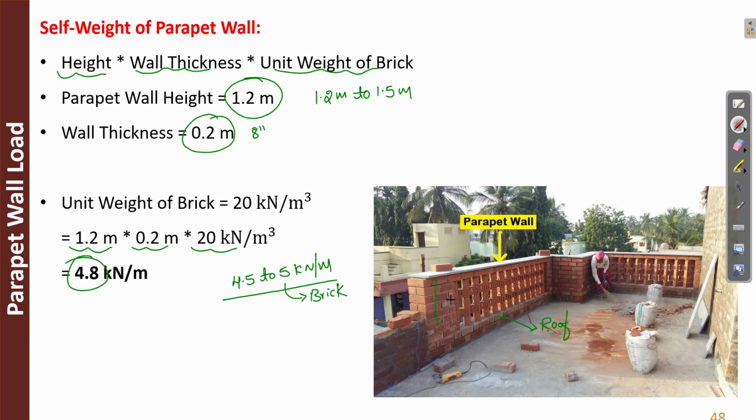If this complete wall is made up of glass or any type of glazed material, then you can think of reducing this unit weight. Instead of brick, you can take the density of glass material.